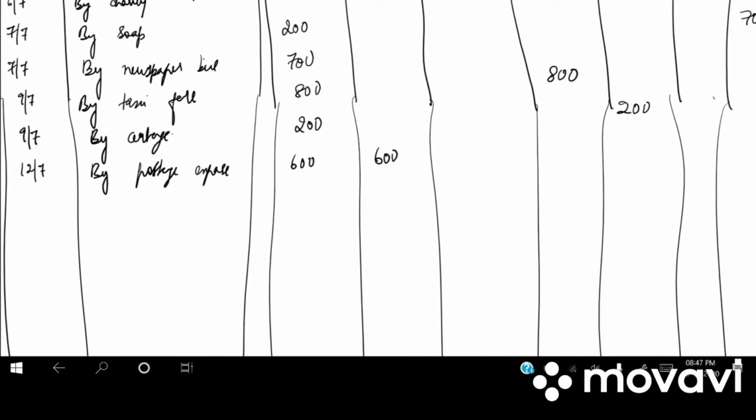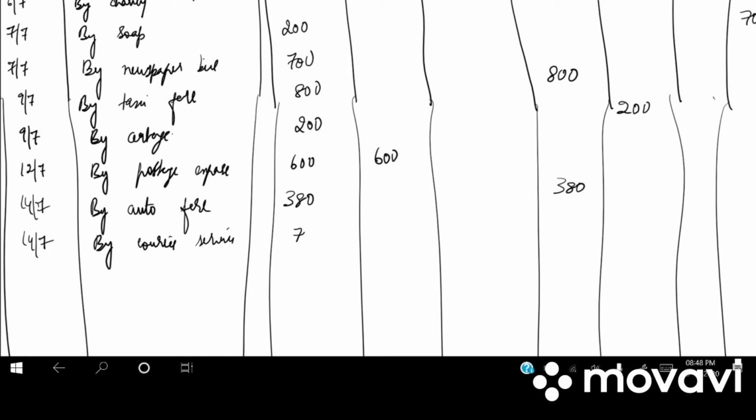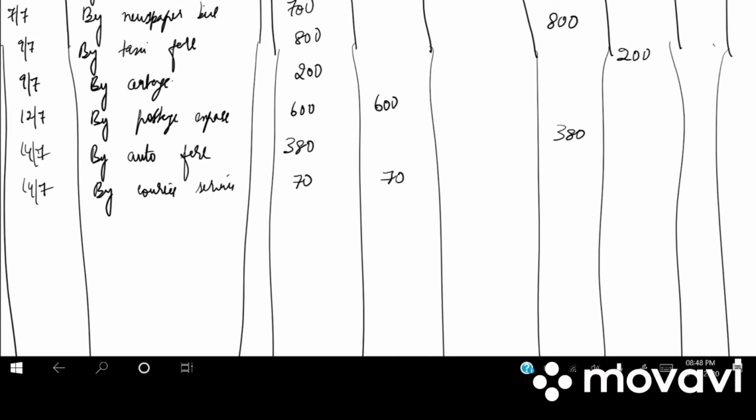Then we have paid auto fare on 14. So by auto fare 380. Under our conveyance column 380. Again on 14/7 we have by courier services 70, under postage and courier 70.